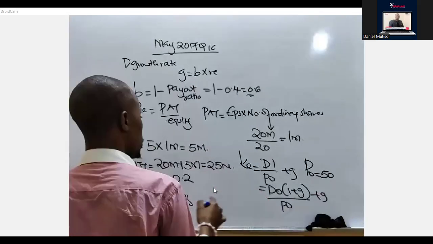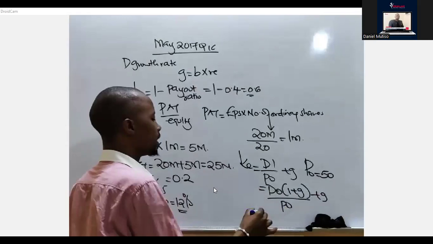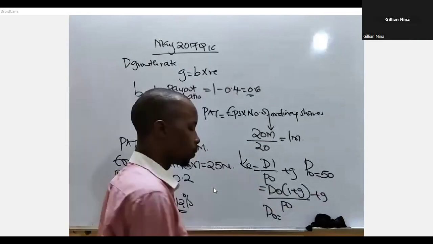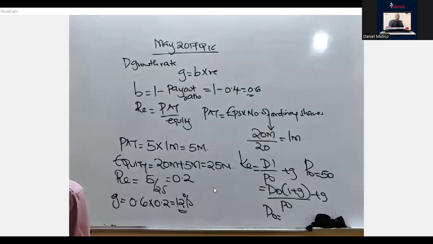Because you have to look at what is the requirement in terms of D1 and D0. It depends on how the examiner is giving it. The dividends which have just been shared right now, how much is that? Are they stating it? Okay.